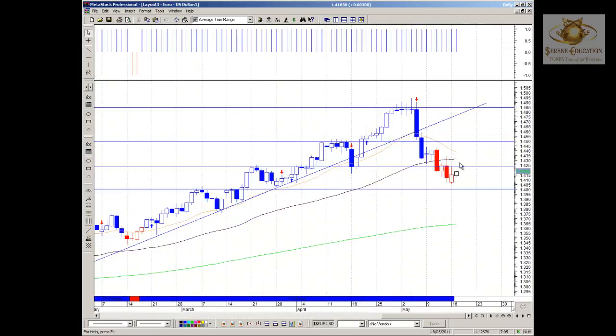So we could see a consolidation now taking place before we see a further extension to the downside. Just remember, these two areas here are swing lows, and they are lower than the prior one, so we can see that direction is very, very strong to the downside. Just put that in so you guys can see it.